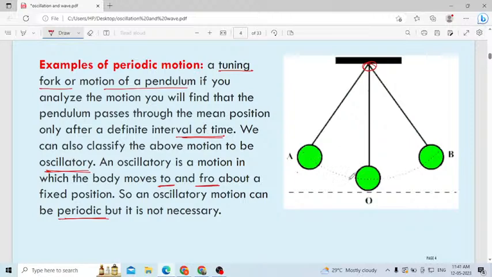Once the pendulum starts vibrating, it has more energy, and when it has more energy, it oscillates periodically. Once the pendulum starts losing energy, assume you are not providing any external energy. I will explain this in detail later: forced oscillation, damped oscillation, undamped oscillation.